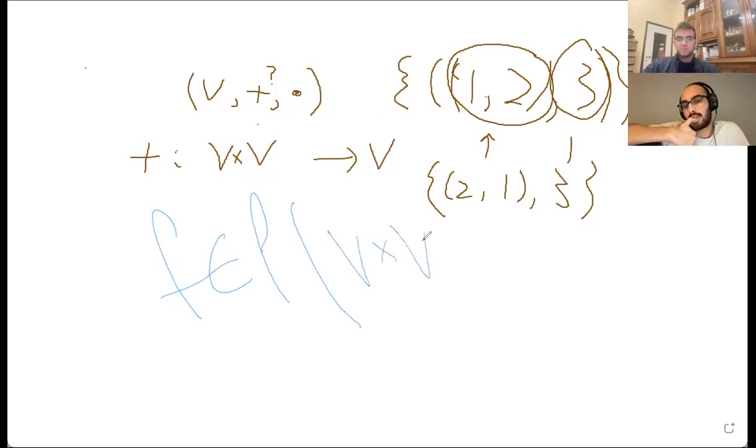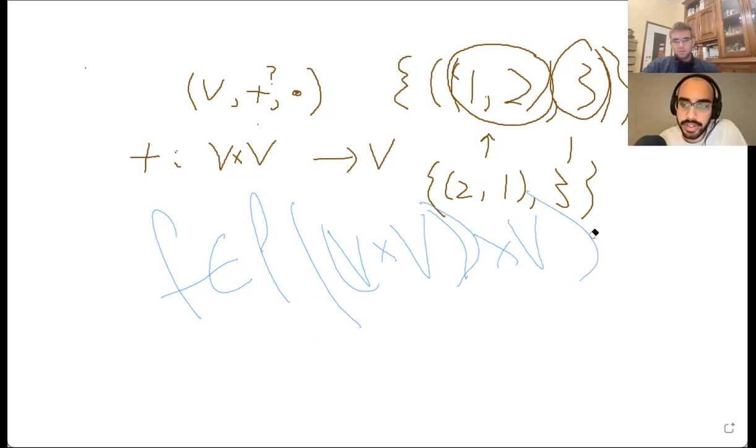No, wait. V cross V times V? In this case, no, V cross V. Okay, bad parentheses, but I guess I just saw this somewhere. Maybe it's right or wrong. I think this is pretty close.